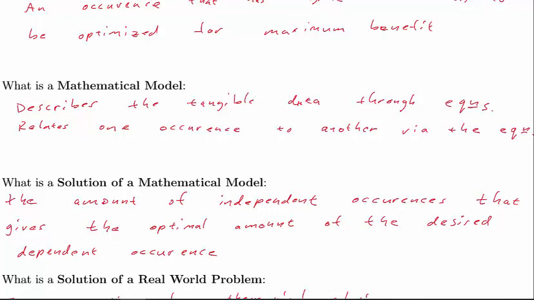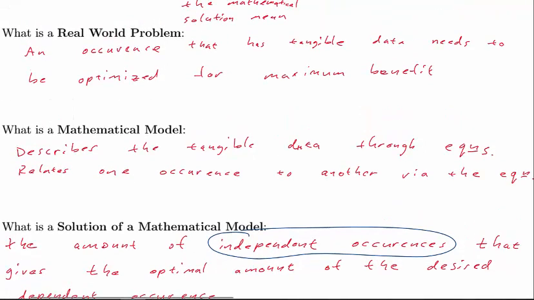That gives the optimal amount of the desired dependent occurrence. Basically, the independent occurrence is the occurrence we have control over, right? From the other example we're looking at, we would have a certain amount of control over how many units are placed in the market, apartment units. And the desired outcome would be at what rent we would want it to go for.